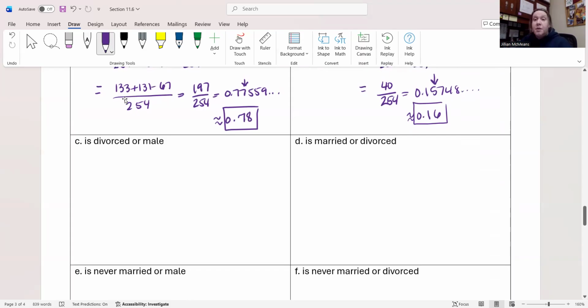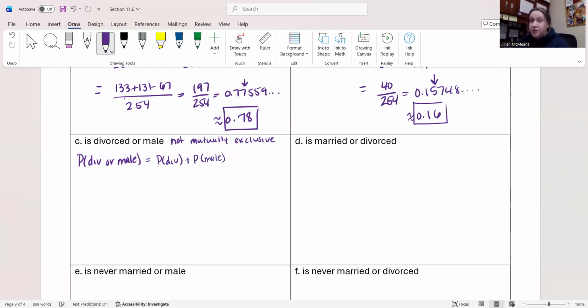Is divorced or male? So the probability that somebody is divorced or male, well, we have to ask ourselves, could these occur at the same time? Absolutely. There are people that are divorced and male. So these are not mutually exclusive. So we would want the probability that they're divorced plus the probability that the person selected is male.